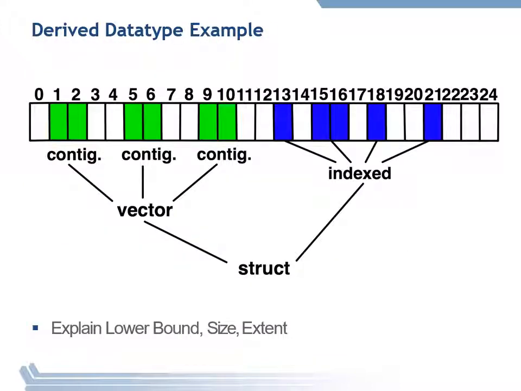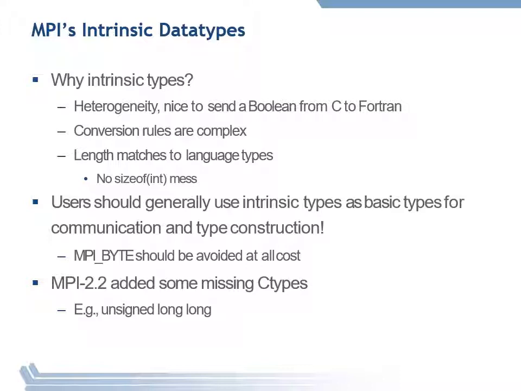Here is an example of a derived data type. MPI's intrinsic data types. Why intrinsic data types? The main reason is heterogeneity, which makes it easier for us to send data from C language to Fortran.